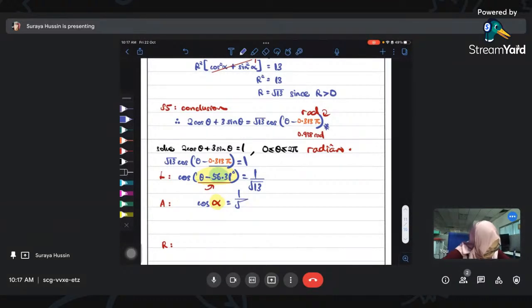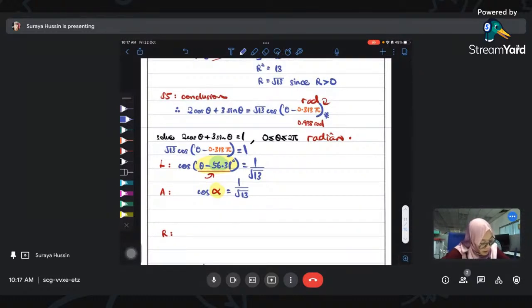So therefore alpha is equals to shift cos 1 over square root 13. Therefore, my answer is 73.9 degree. Just leave it there.